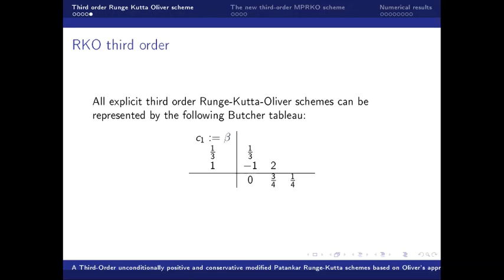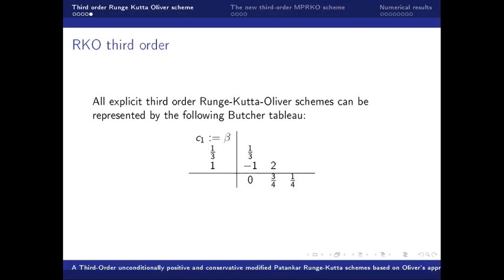If you don't think about Oliver, if you talk about real Runge-Kutta third order schemes, then there are three different types of families. Two of these are one-parameter families, and there's one two-parameter family.